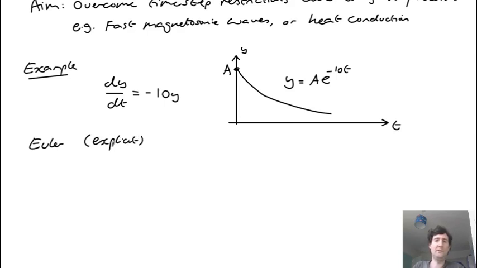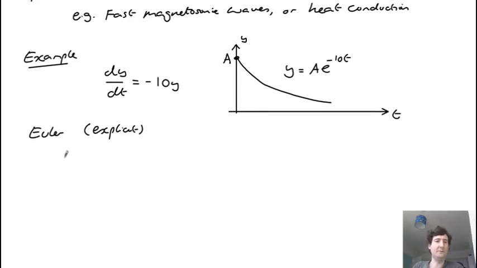It's an explicit scheme, so although this is the simplest method, the same restriction or very similar restriction will apply to other methods. All we do is a difference to work out this derivative. So we say that this is the next time step minus the current one divided by the difference in time. So it's just a simple approximation to the time derivative.